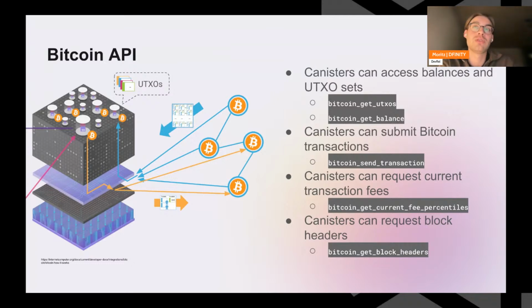Then to be able to create a transaction, you need to be able to understand the current fees, so your transaction gets actually ingested. And that's what this Bitcoin get current fee percentiles is for. And then we also have a way of requesting block headers from within a canister.